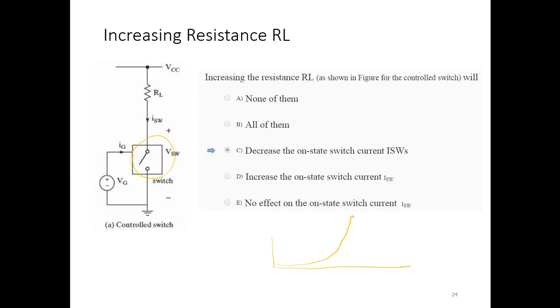With more current, there will be a larger on-state drop. Now, increasing the load resistance means the current through it will be less. If the current is less, the on-state switch current will decrease. If you increase the resistance, it will decrease the switch current. It's obviously Ohm's law.